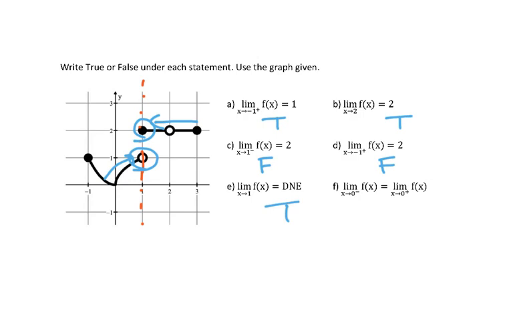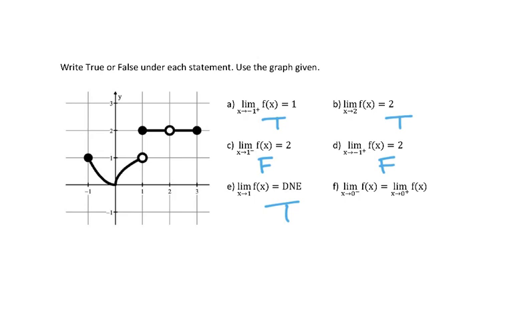And then part F, it's having us look at two different limits here. It says the limit as x approaches 0 from the left is equal to the limit as x approaches 0 from the right of f of x. So let's take a look.